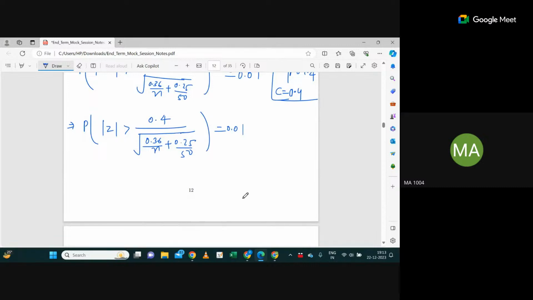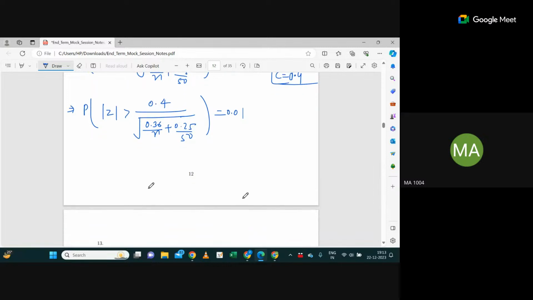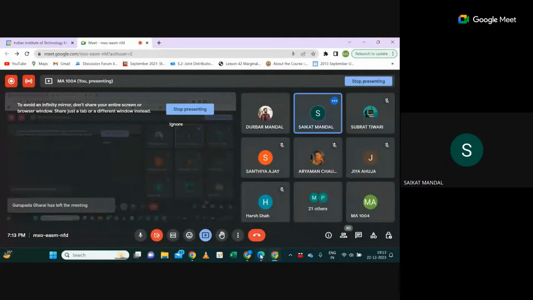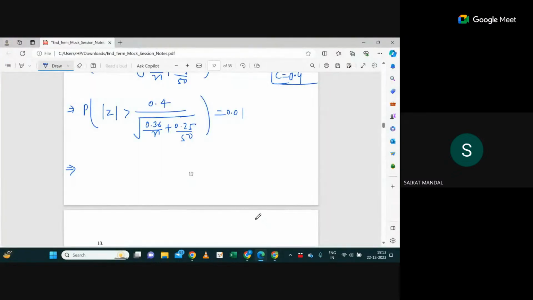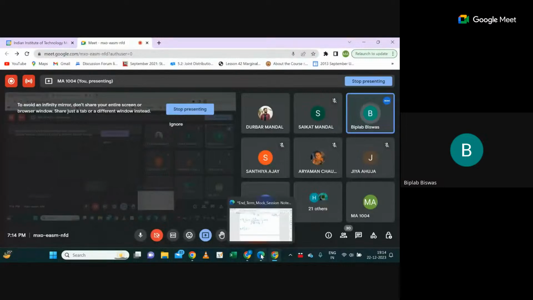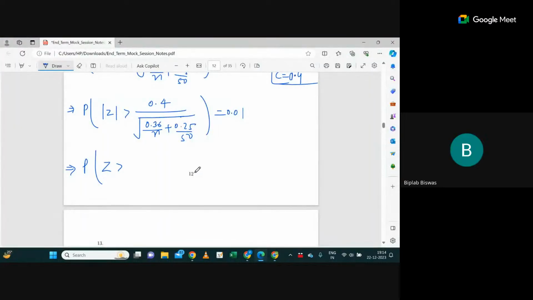It's the modulus of G. It will be 2 times FZ of that number, 0.4 divided by the square root. It will be 1 minus 2 times F inverse of this value. Is it a positive or negative one? It's a negative one. I will tell you how.